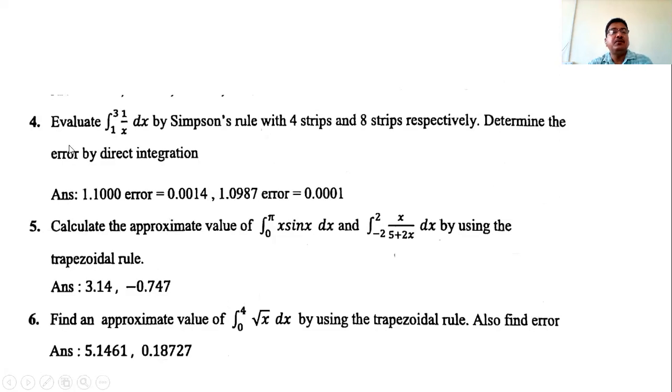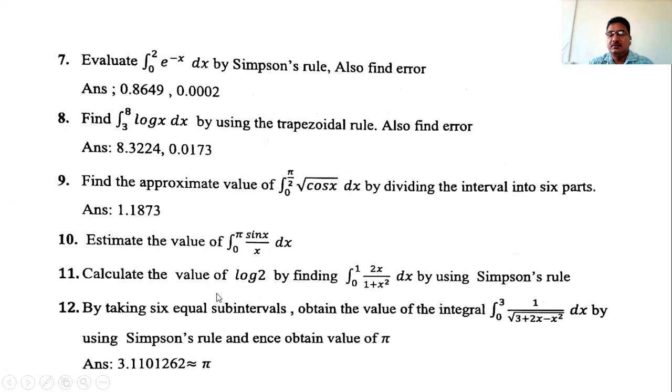Start from number 4, that is, calculate these integrations using Simpson's rules with 4 steps, 8 steps, and determine the error. All the answers are given below the problems. So find the answers of all these problems and communicate all these solutions to me through the WhatsApp group.